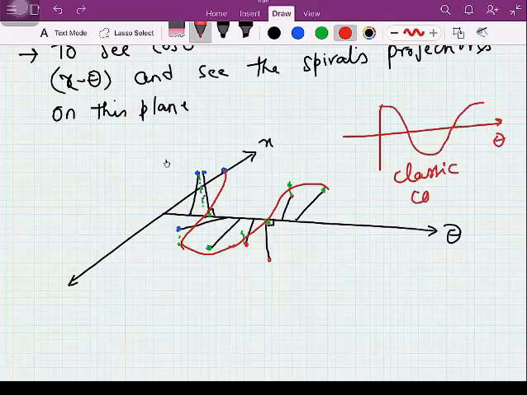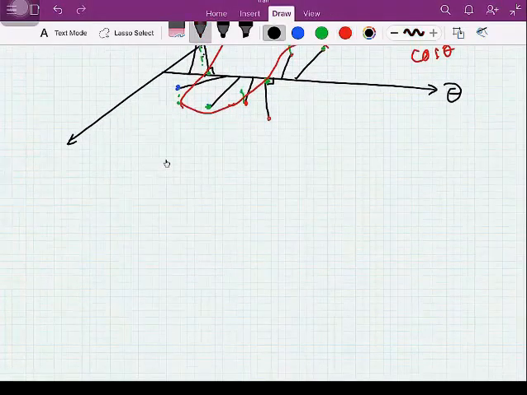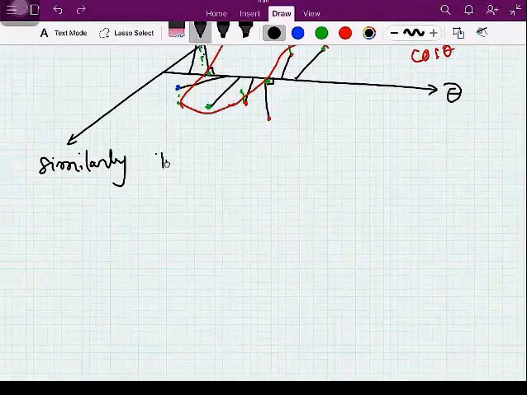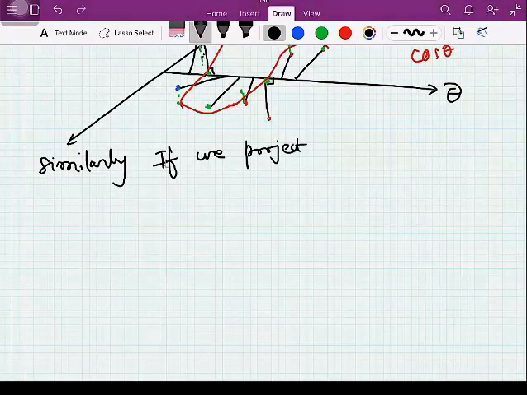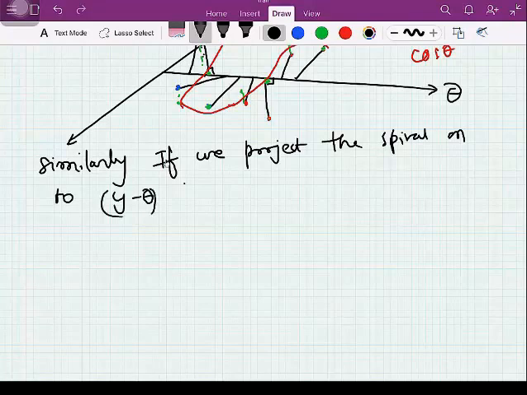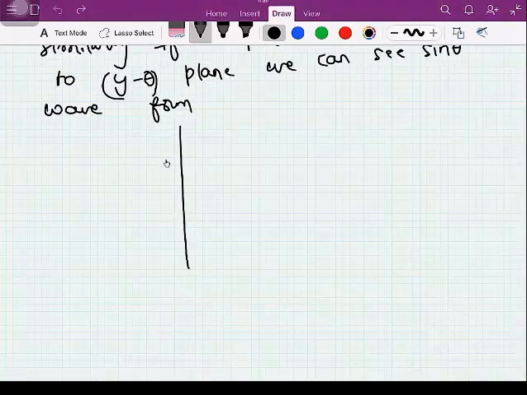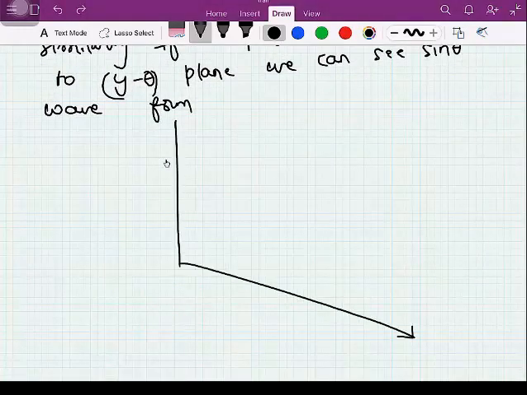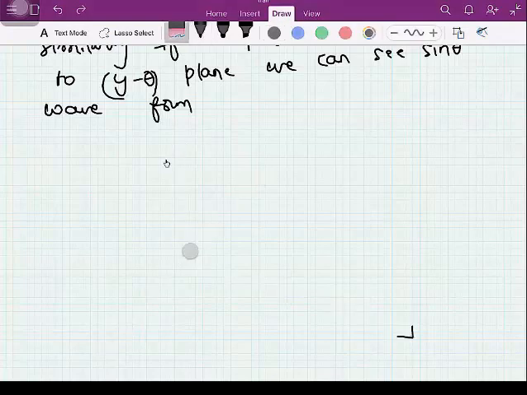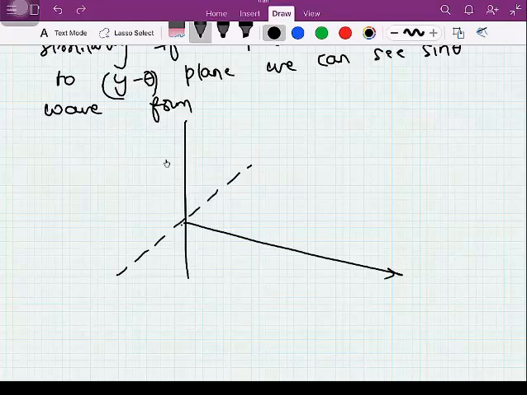And in a similar fashion, if you want to see sin θ, we need to project the spiral onto the y-theta plane by neglecting the x-axis, and this can be shown like this. You take the y-axis and the theta axis, and you project all the points onto the y-theta plane, and after projecting you join all those points.